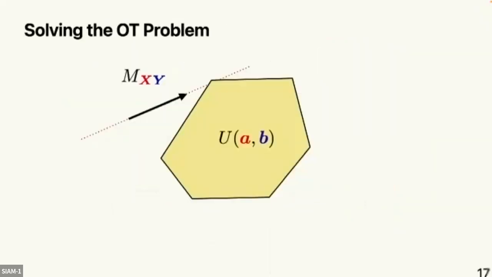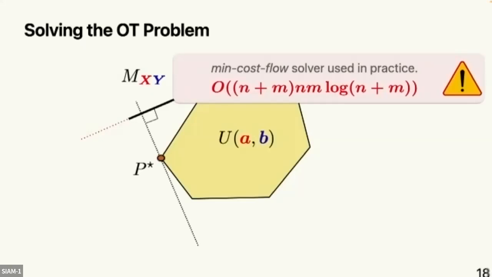So geometrically, this problem looks like this. As in every linear program, there's going to be a cost vector. So here we have to picture ourselves in a space of matrices, and a set of matrices here, which are defined exclusively by the weights. And what the optimal transport solver that I mentioned earlier, the simplex method or min cost flow solver, will provide you with, after a lot of work in cubic time, is a best matrix.